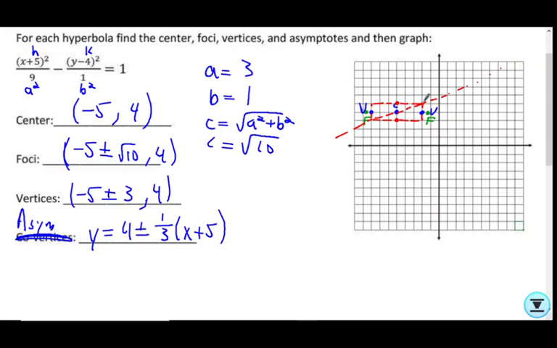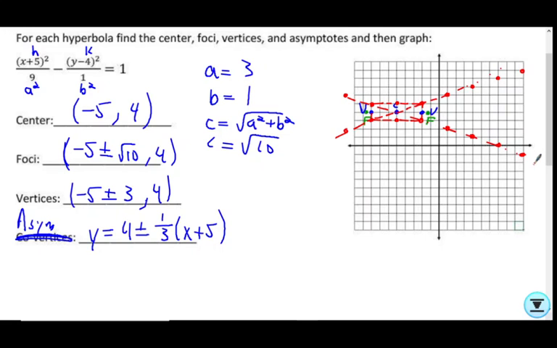Rise is 1 over 3, so up 1 over 3, up 1 over 3, and that'll also give you that same line. Okay? And then you can do the same thing down 3, 1, 3, 3, 1, 3. If you want to be absolutely and more precise, you can do it that way.